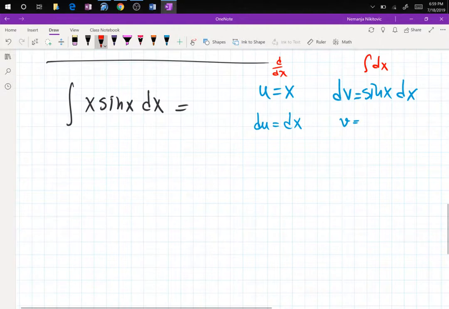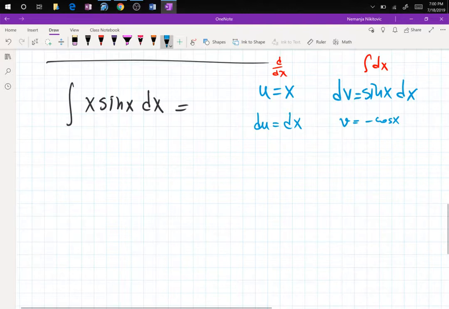Now, when I integrate sine, I will get negative cosine x. And we do not have to put plus c, because there will be a major plus c at the end of the problem, because we have no limits. So you don't have to worry about plus c within the substitution part.